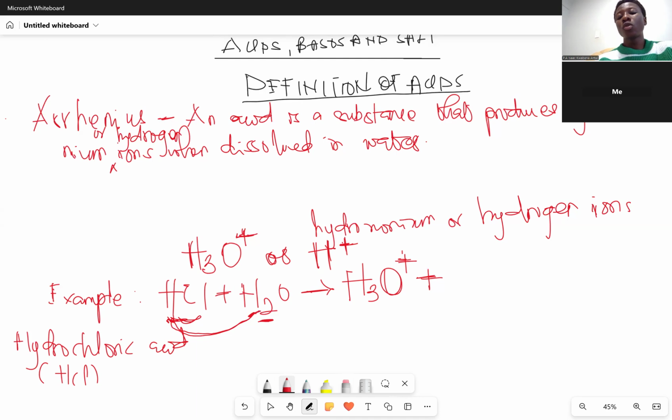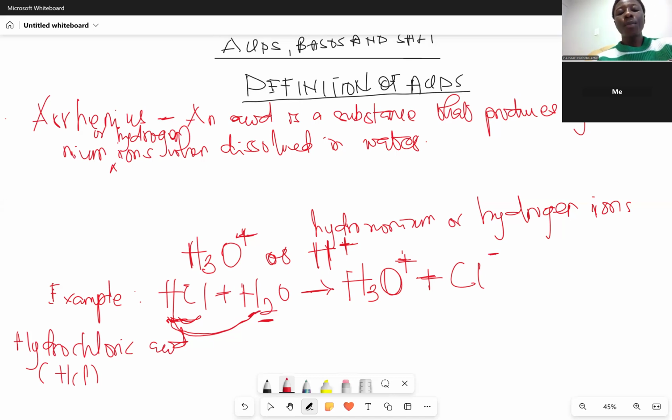Capital C, small l. In fact, what atom is this? Chlorine, right? Now you can see I've started to write powers. I've written the power for H3O. So the power for chlorine is also what? Minus.